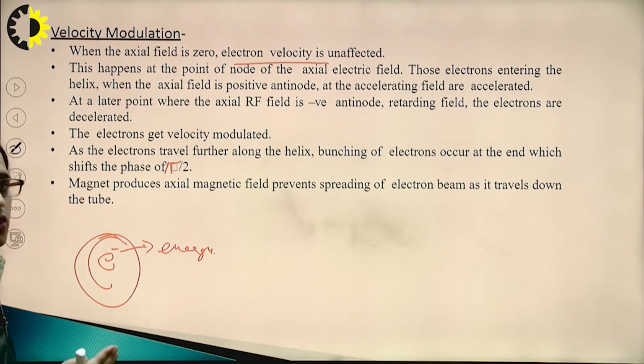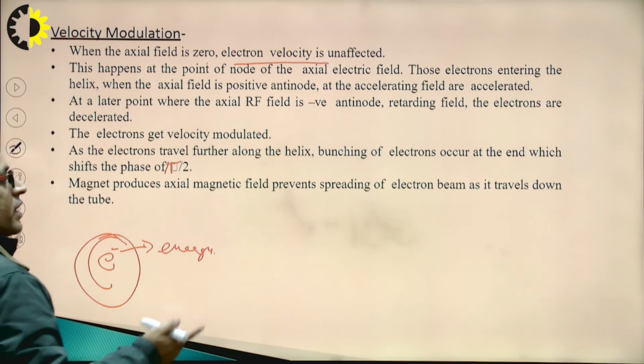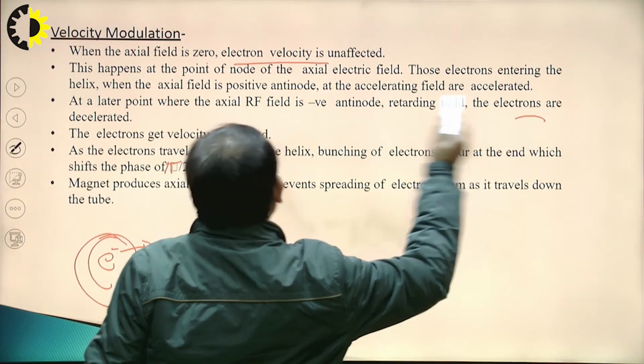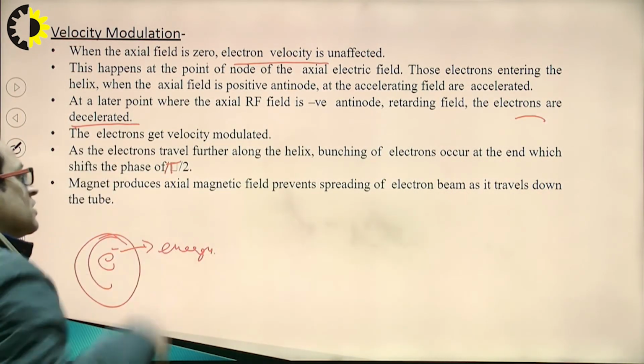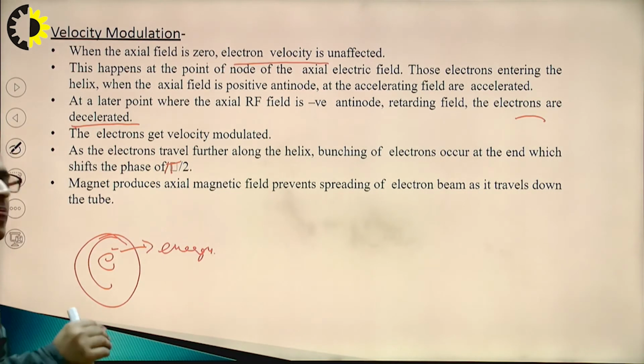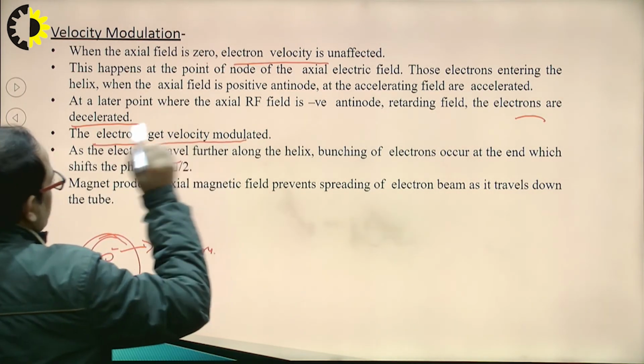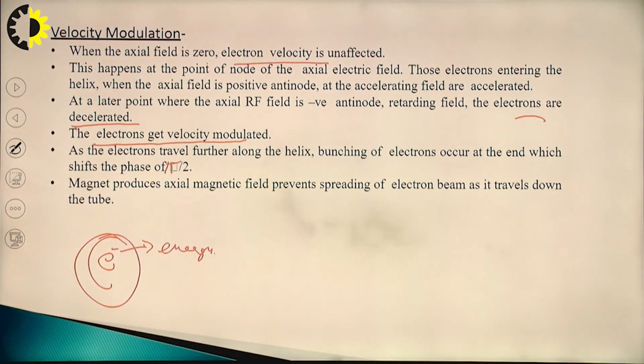You can say the electron gets decelerated because it transfers its energy to the RF field. Due to this, the electrons get velocity modulated.